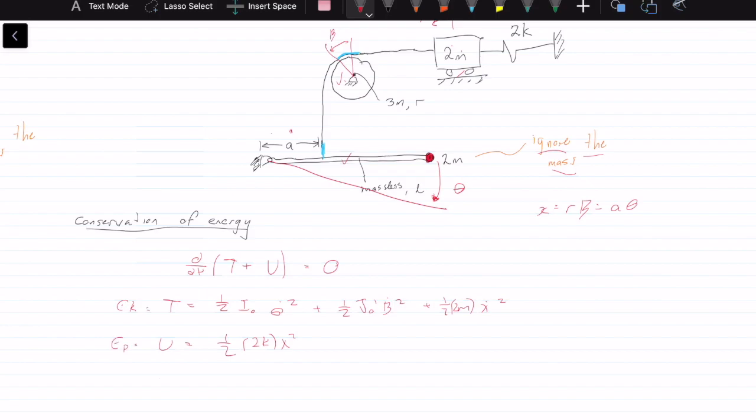Now what we have to do is differentiate. Let's first get T in terms of theta. Let's get everything in terms of theta.